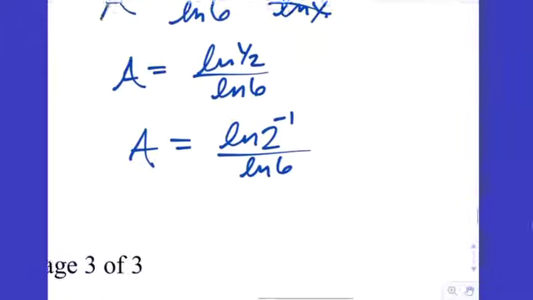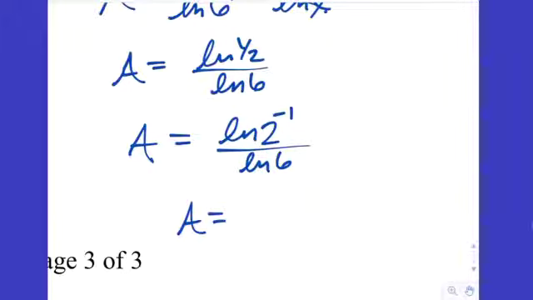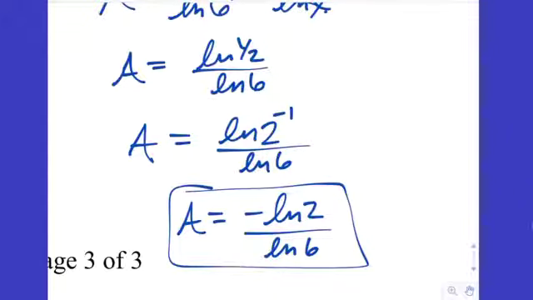All over the natural log of 6. And now I could bring that negative out front and say it's negative natural log of 2 over the natural log of 6. And now we know for sure, since the natural log of 2 is a positive number and the natural log of 6 is a positive number, that A is for sure a negative number because we got a negative right there in front. So that's the answer.